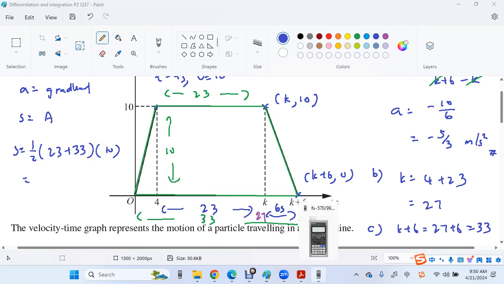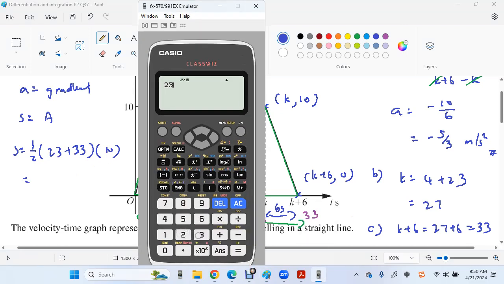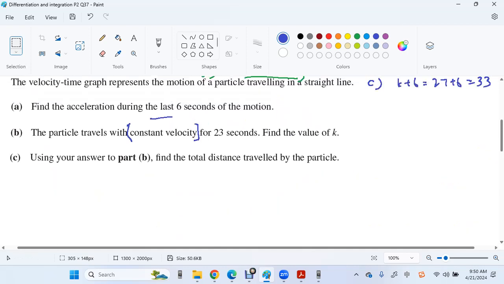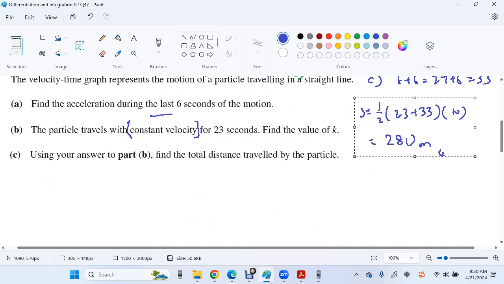The 23 plus 33 is 56, divided by 2 is 28. So this is 280 meters. So the answer is 280 meters. For part C, this is the answer, and this is 3 marks for part C.